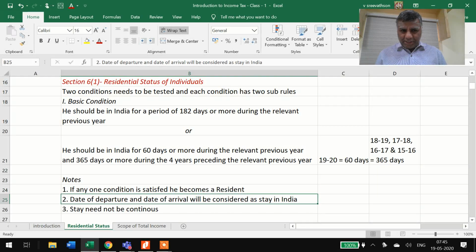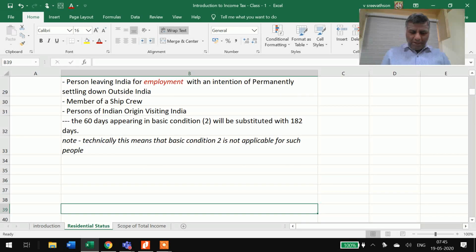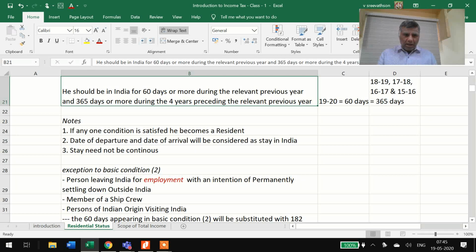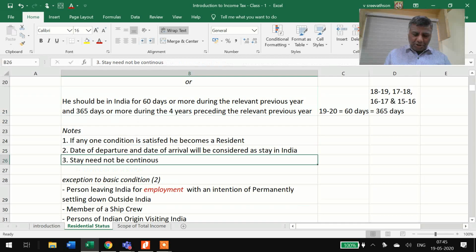So basic condition 1, 2, and basic condition 2 has some exception. Now I go for additional conditions.